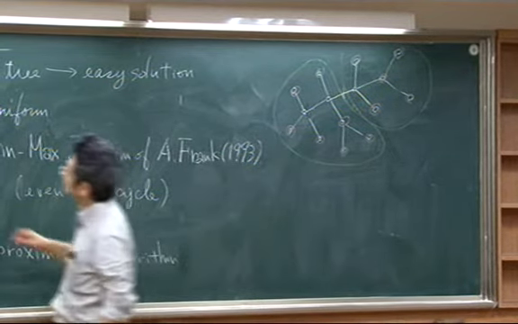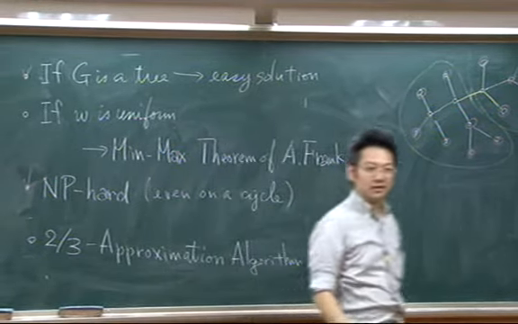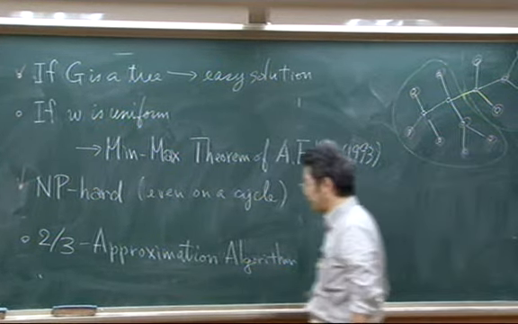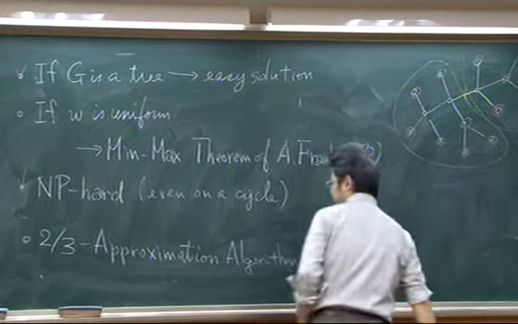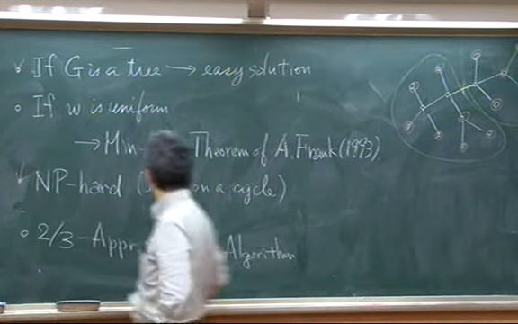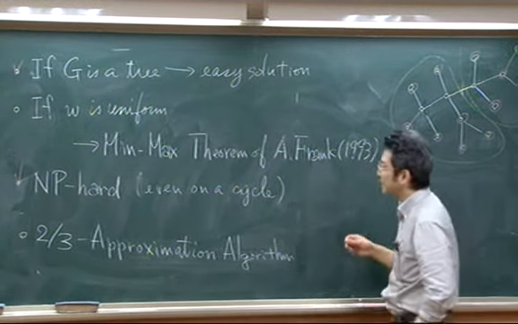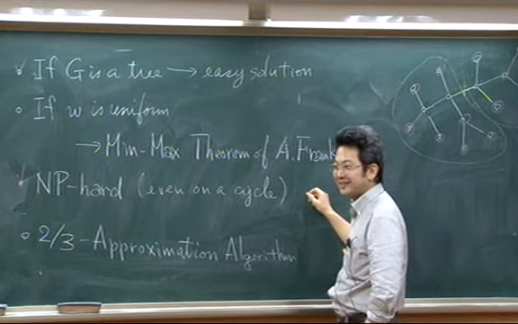Now next, let me mention why it is NP hard on the cycle. Actually, I should mention that, despite my career of nearly 20 years, I always find myself quite poor at proving these things.